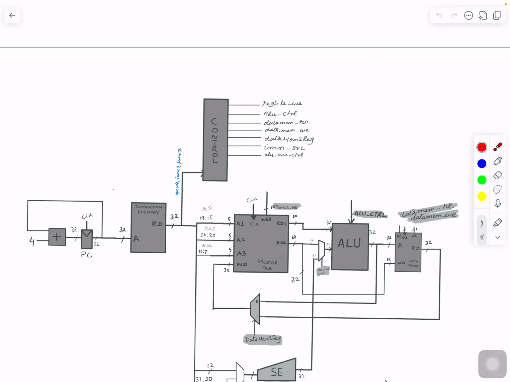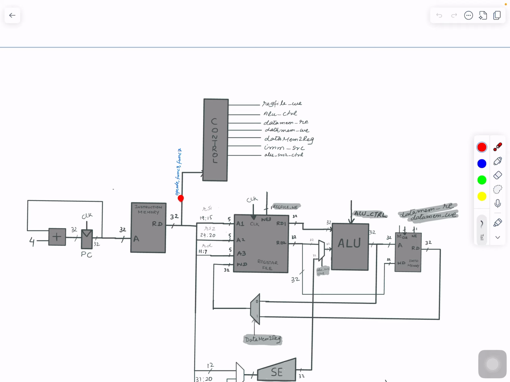You'll probably be wondering why I'm not creating a block diagram inside a controller. We will have a lot of combinational circuits. I will refine this diagram a little bit in future videos, but what's really happening is once this address comes at the input of instruction memory, the output that we get is a 32-bit instruction.